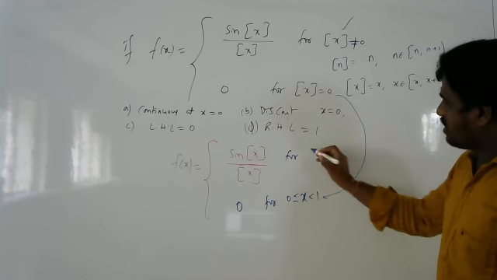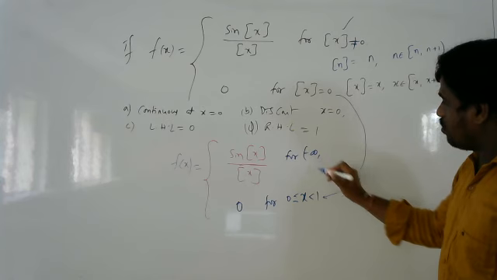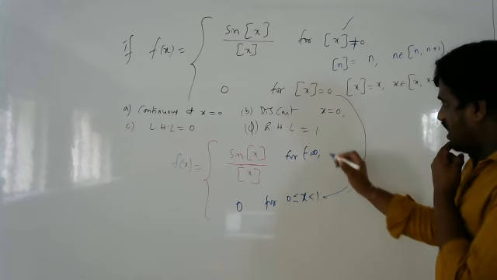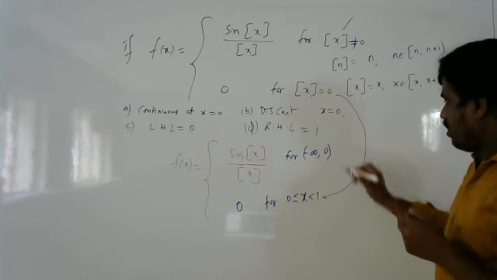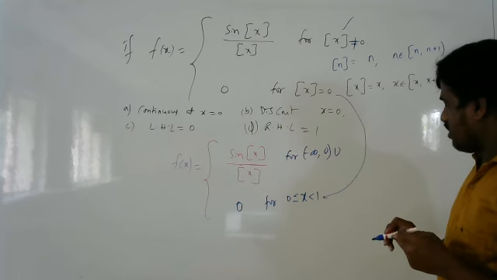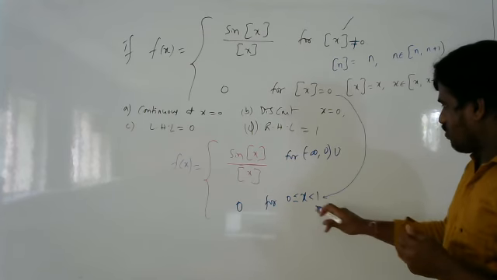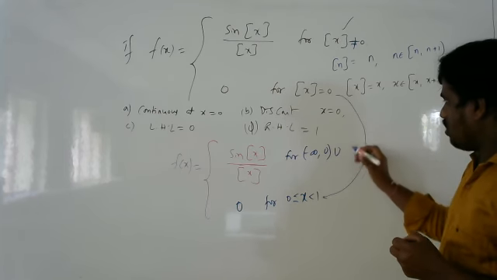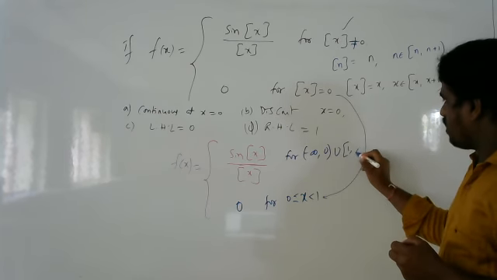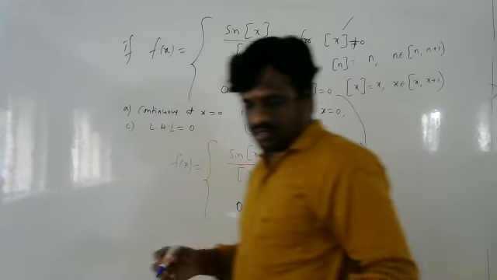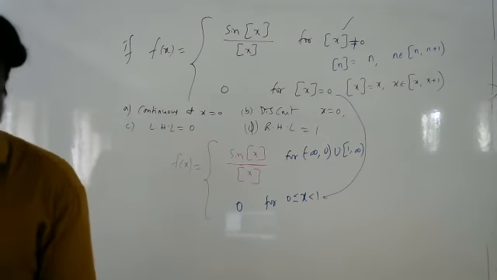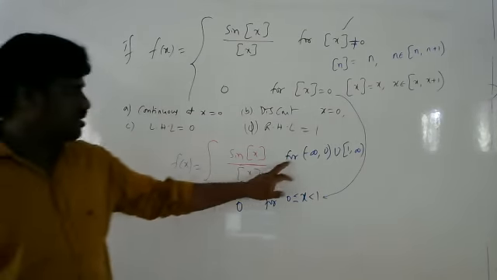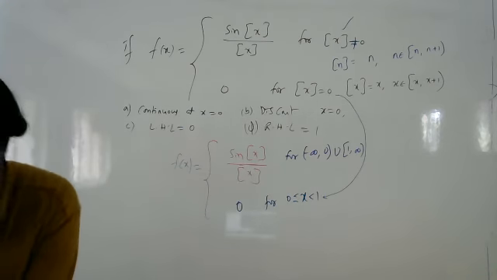Real numbers minus this means minus infinity to 0 union 1 to infinity. Did you agree with this? Did you agree with this point? Do all of you agree with this?